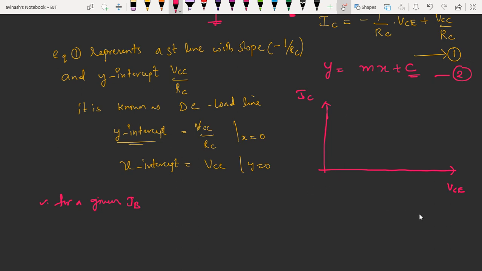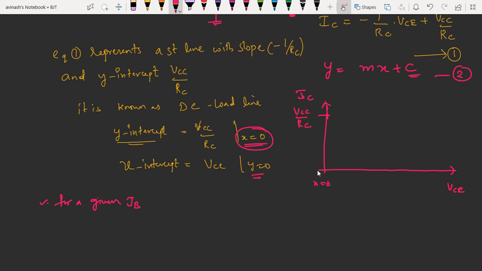For example, on IC versus VCE, if you draw a straight line, what is the y-intercept? When x is equal to 0, the value of y will be VCC by RC.